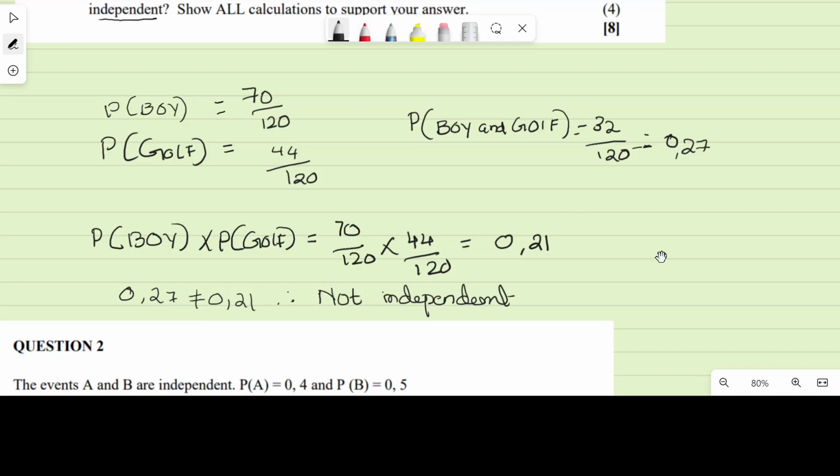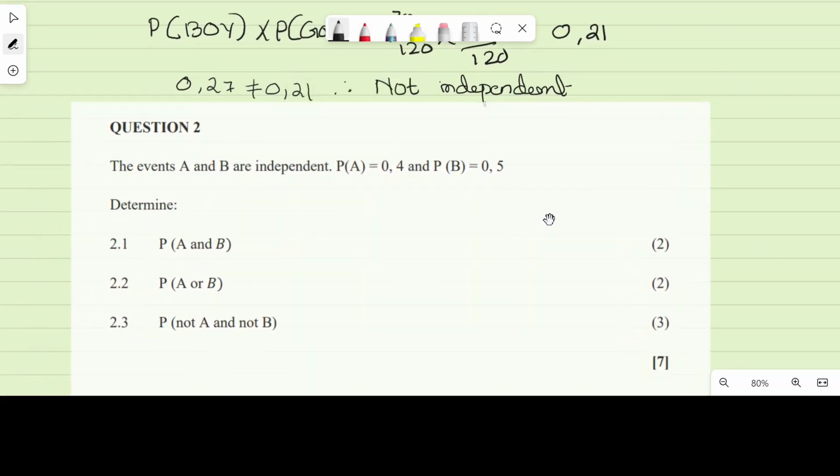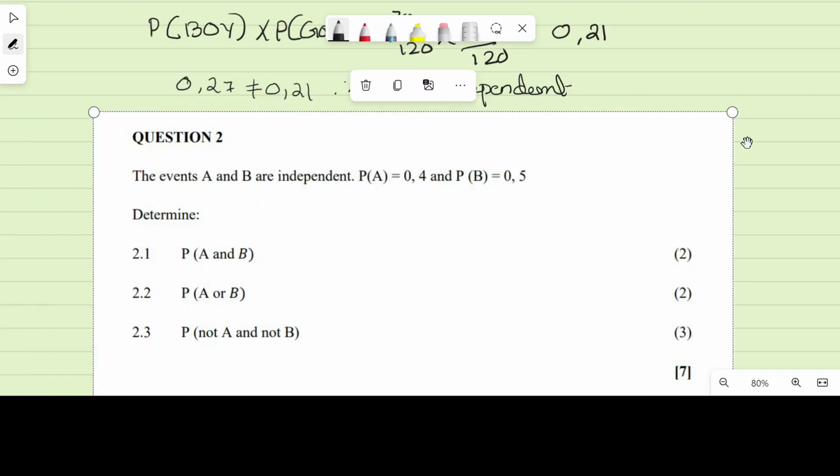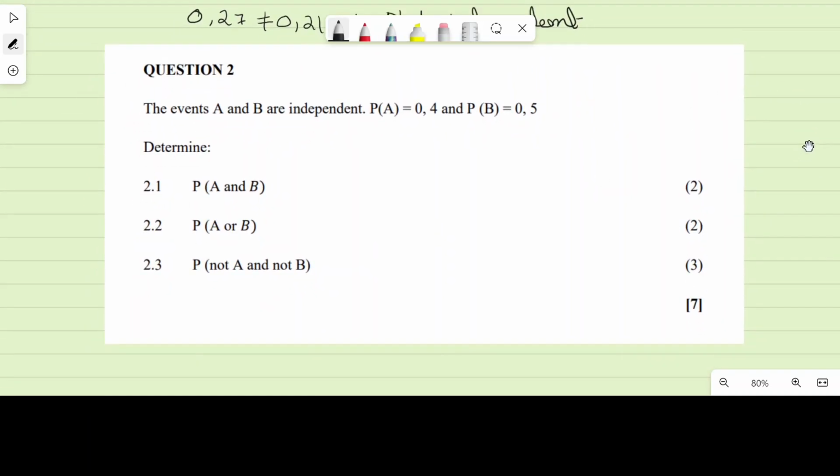Okay. Now let's go to another question. The events A and B are independent, already given to you that A and B are independent. Values of P(A) and P(B) are also given. Determine P(A and B).